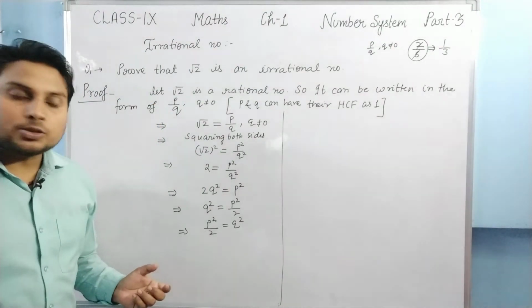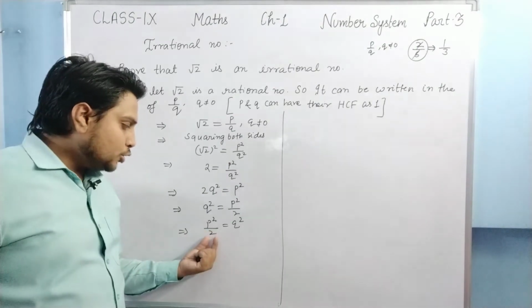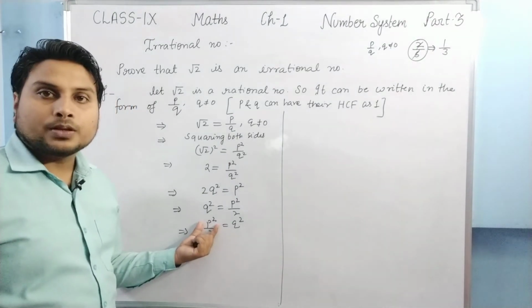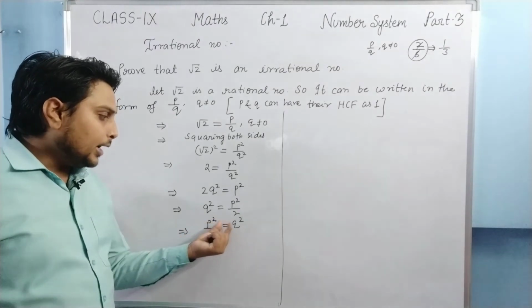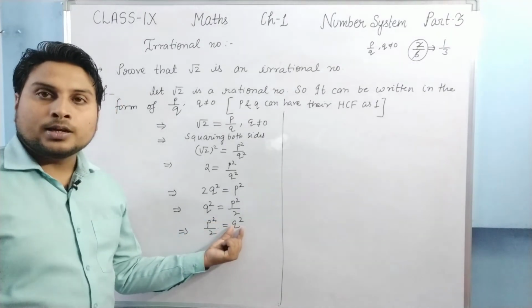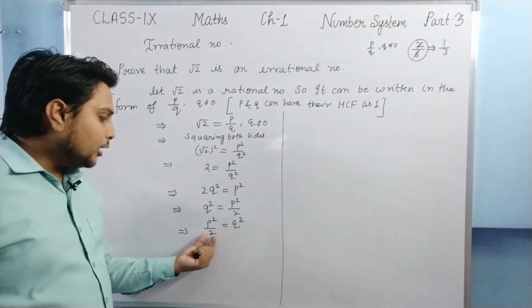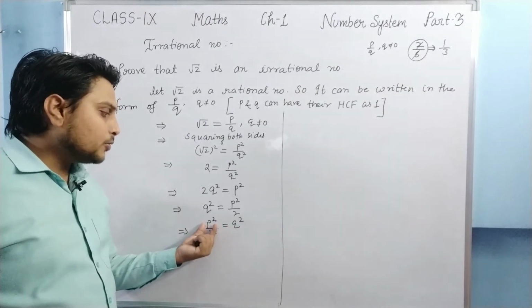So you can see students that this 2 is dividing this P square, and after that we will get an integer. So it means that 2 is a factor of P square.